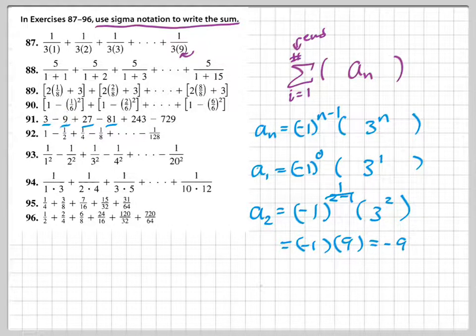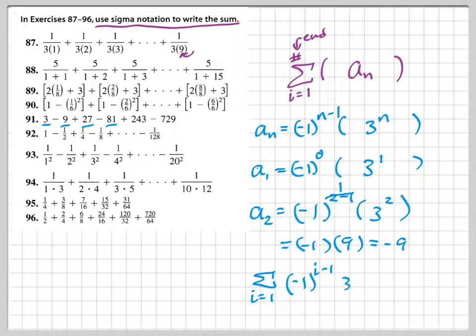Now let's plug it into our sigma. So let's write our sigma. We'll go ahead and start at i equals 1. You can start at a different number, but I'm going to start at i equals 1. And then my rule is going to be raise the -1 to the ith term minus 1, because that's what we decided, n minus 1.